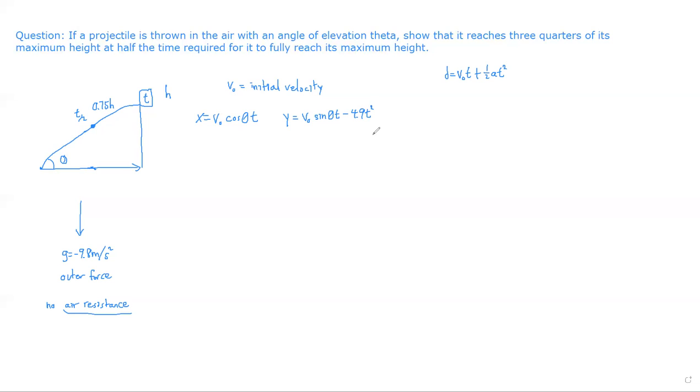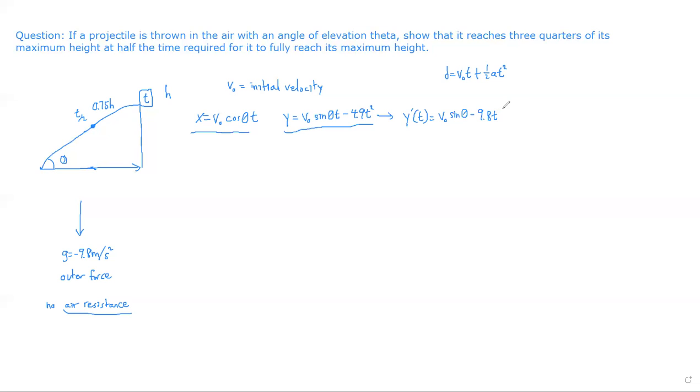All right, so now we have our components of the projectile motion. And like I said, v naught is the initial velocity. Since we're considering the maximum height, we can say y prime of t, I'm taking the derivative of this, is equal to v naught sine theta minus 9.8 t.